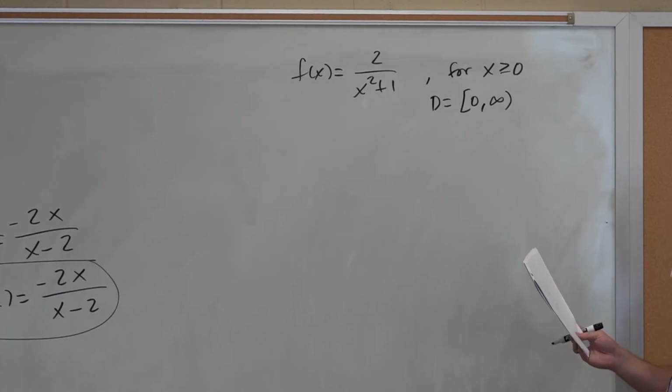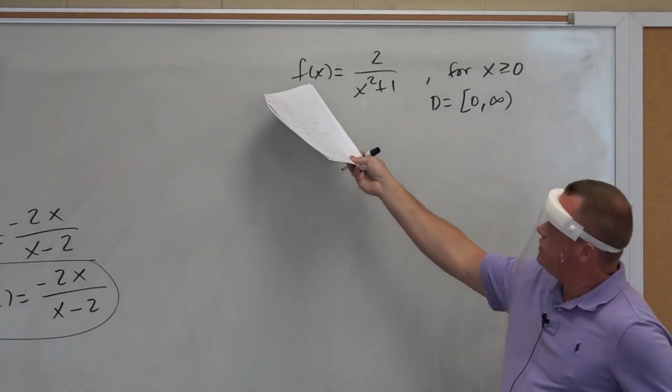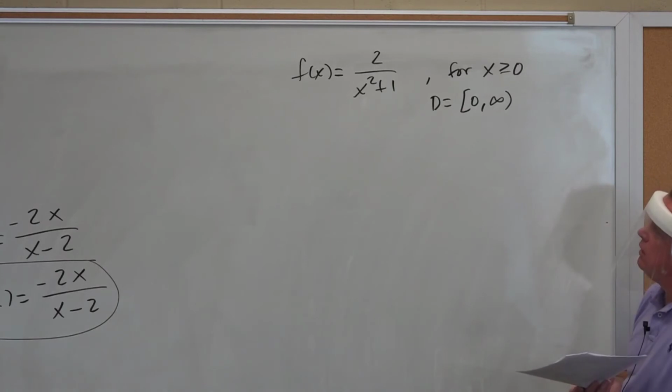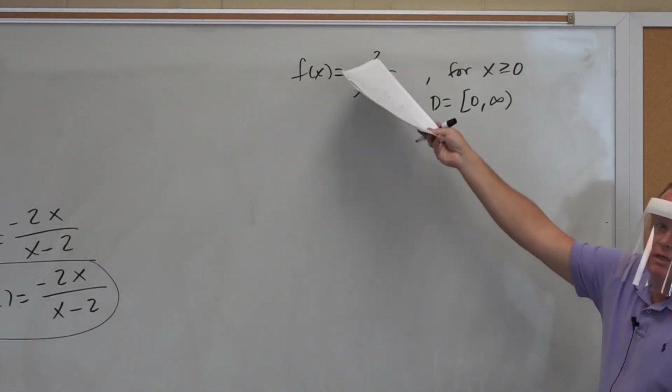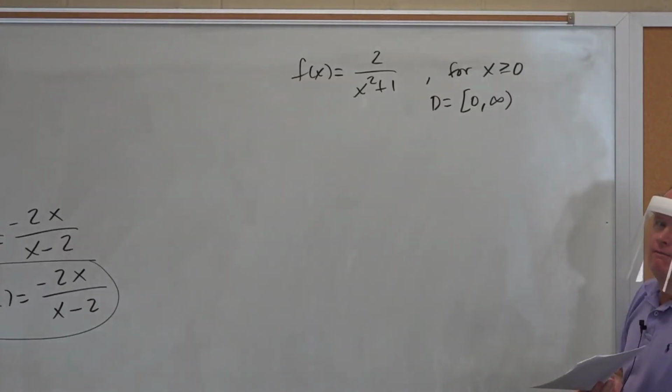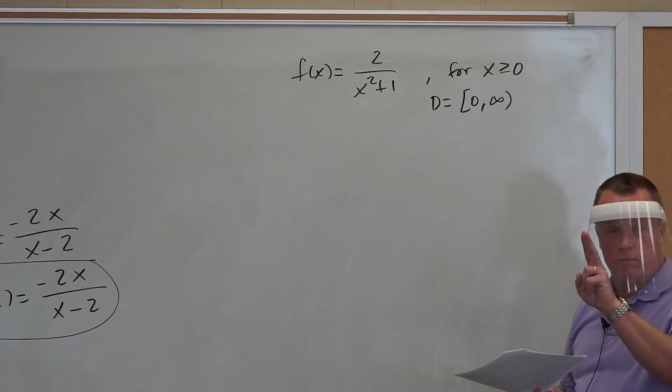So what is the range going to be on this one if the domain is from 0 to infinity? What is all the possible f of x or y values? Okay, what's the biggest this fraction can be? The largest it can be? 2.